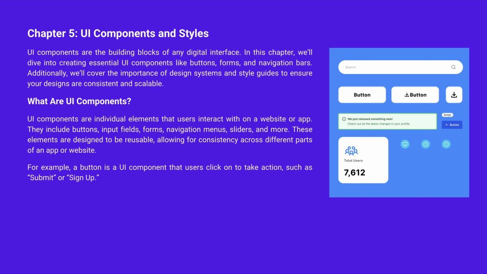For example, a button is a UI component that users click on to take actions such as submit or sign up. On the right hand side here, we have some examples of UI components, the search bar, buttons, different types. We have the alert, and we have badge, and also another example of button, a simple card, some icons.